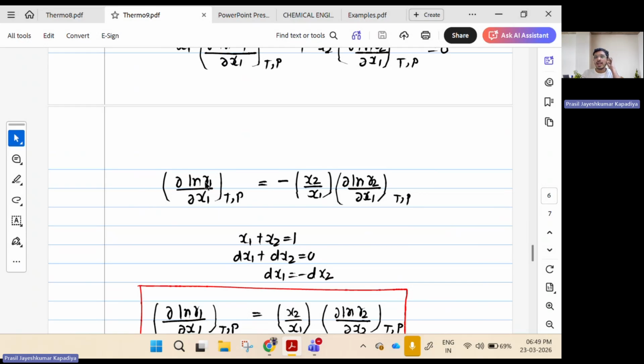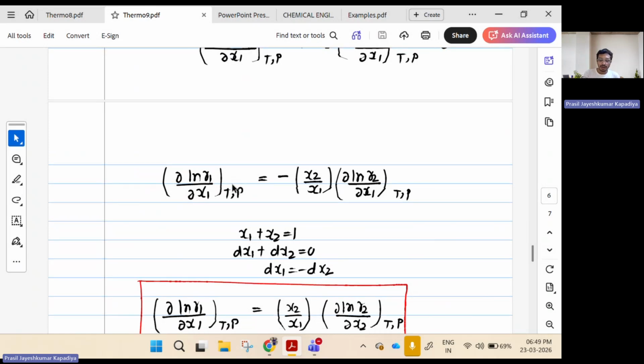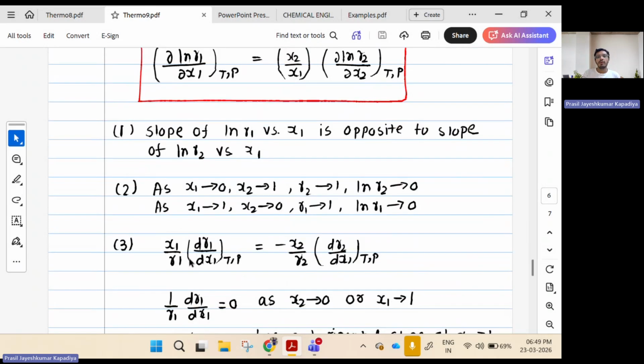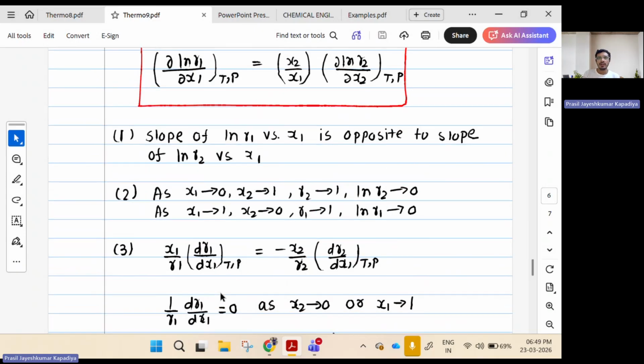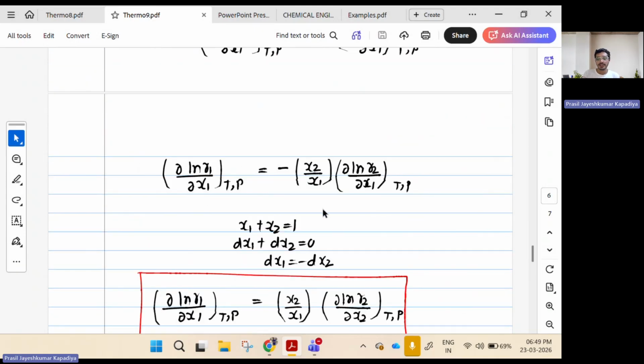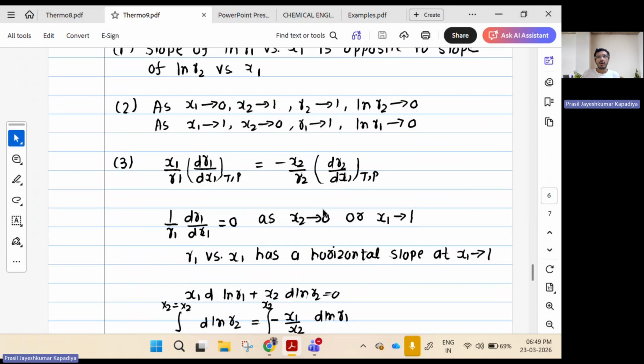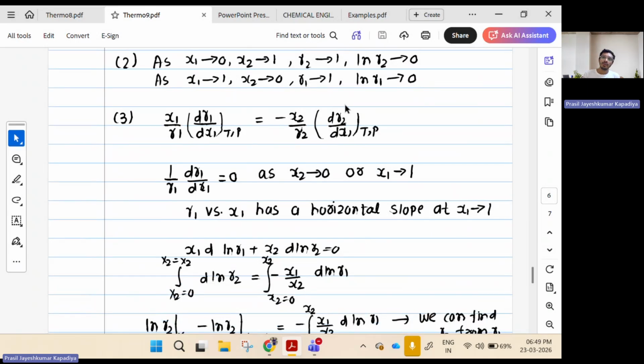So x1 into del ln gamma 1, I am replacing it with 1 upon gamma 1 d gamma 1. Correct. So x1 by gamma 1 d gamma 1 by dx1 is equal to minus x2 del ln gamma 2, which is 1 upon gamma 2 d gamma 2. So minus x2 by gamma 2 d gamma 2 by dx1 at constant temperature and pressure. Okay.